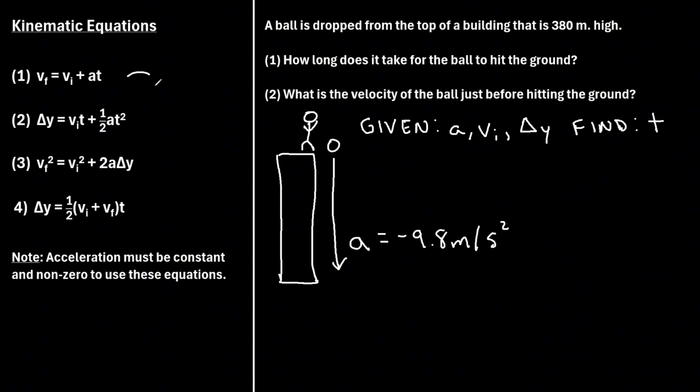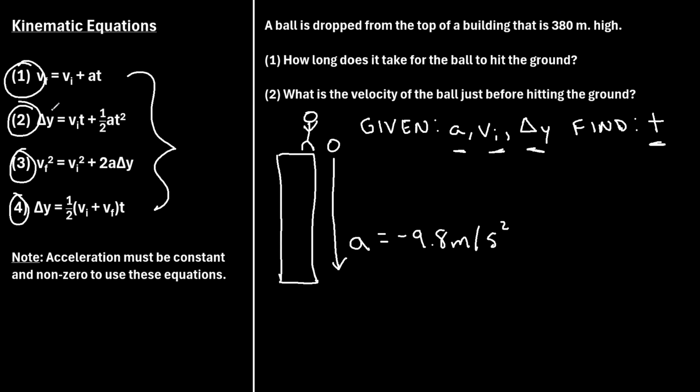So let's look at our kinematic equations over here and say which ones involve these 4 variables. If we look through our kinematic equations, we can see that equations 1, 3, and 4 all involve the final velocity, v sub f, which we are not given. So we can't use any of those equations, so we'll have to use equation number 2 to solve for the time.